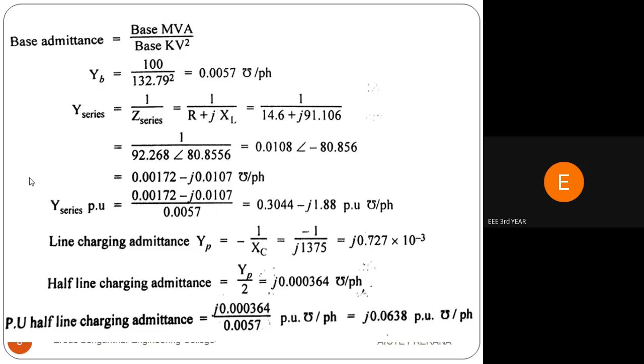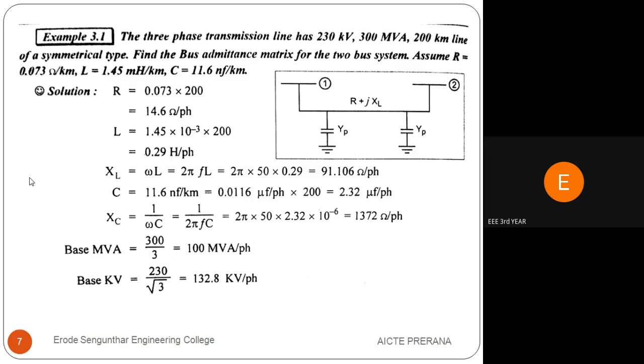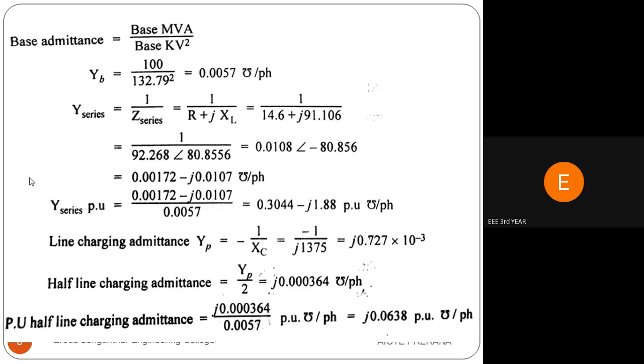So Y series equals 1 by R plus j XL. Already we have found the per phase values of R and XL. Substitute those values: R value is 40.6 and XL value is 91.106.